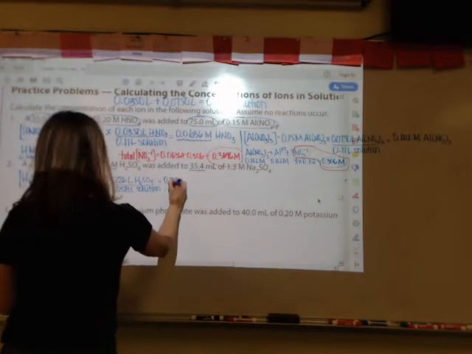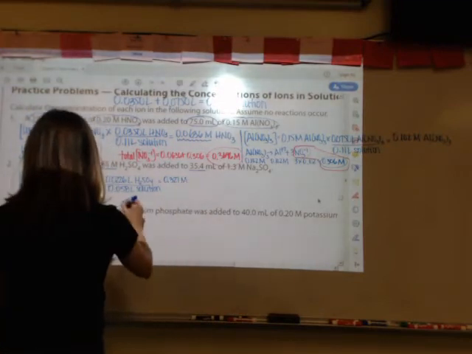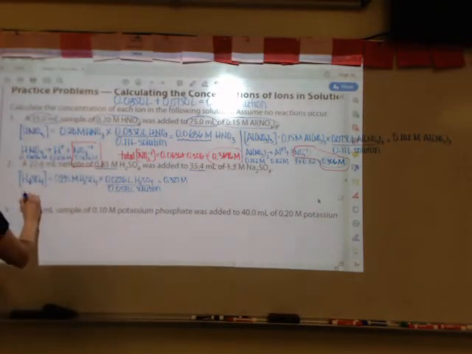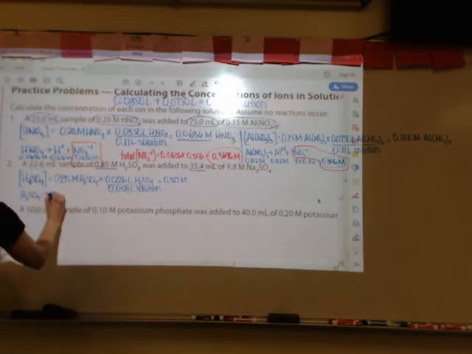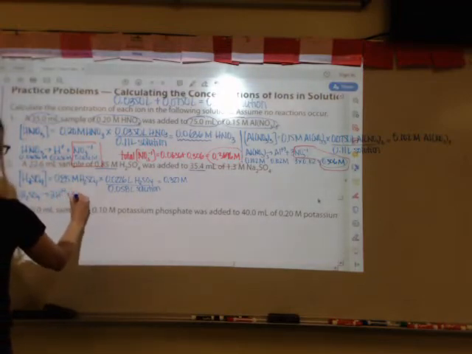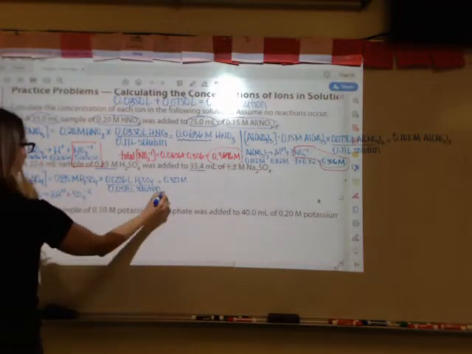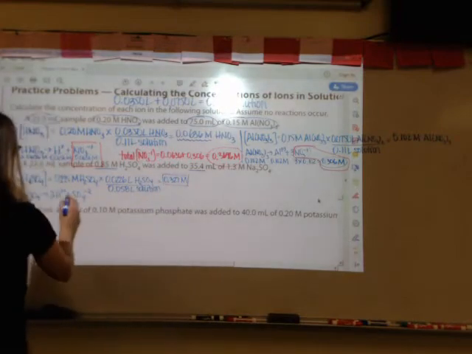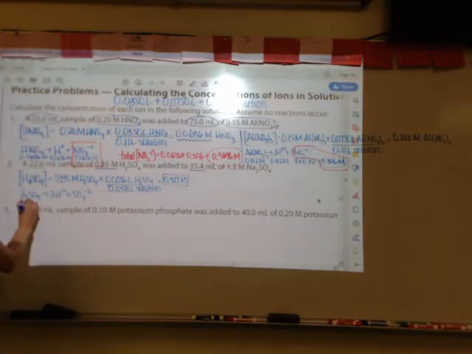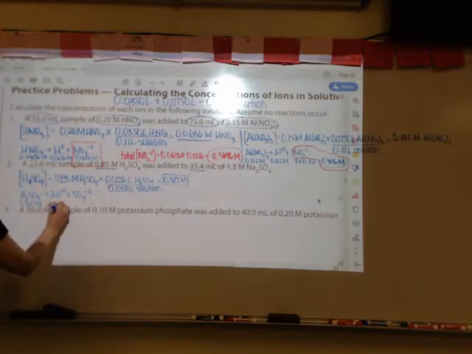And this will be 0.327 molarity. So when H2SO4 dissociates into 2 hydrogen ions and 1 sulfate ion, this concentration is the concentration of the diluted solution, which means the hydrogen ions would be 2 times 0.327.